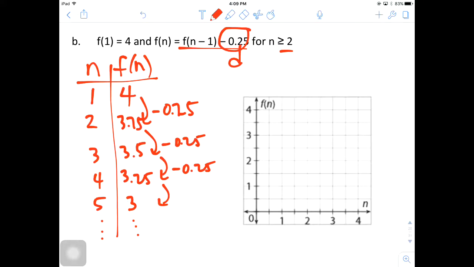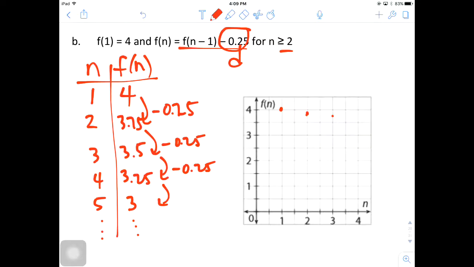But it is consistent. So we're going to start with the term 1 and then 4, the dot right there. And then at 2, it's going to be 3.75, which is right there. And then at 3, it's going to be 3.5 right here. And then at 4, it's going to be 3.25.